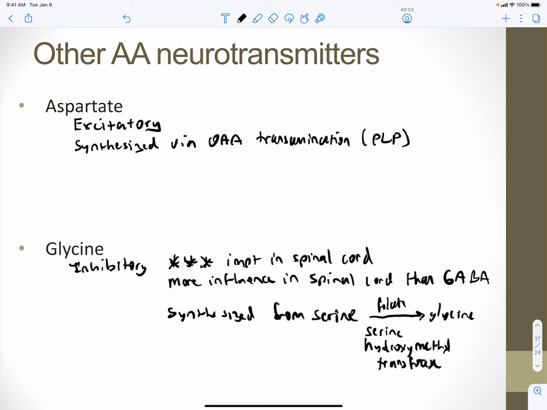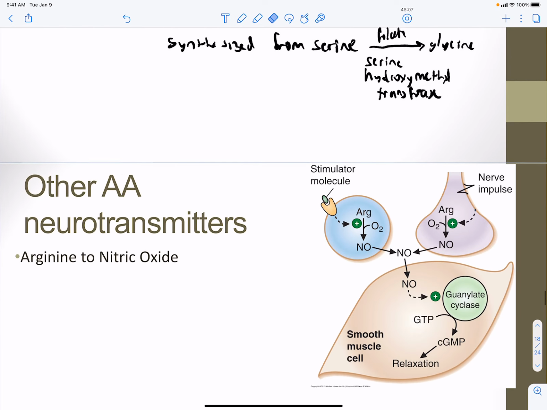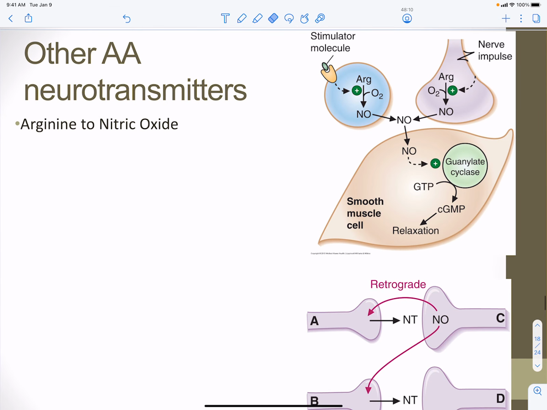And this, of course, is going to use folic acid. We also have nitric oxide. So nitric oxide is a messenger in many responses.